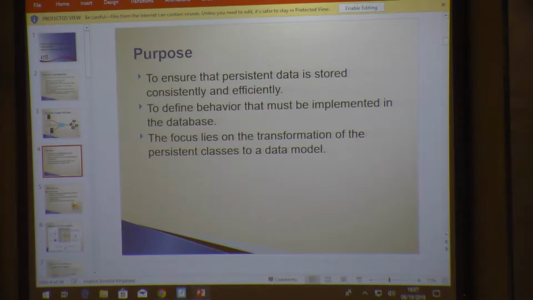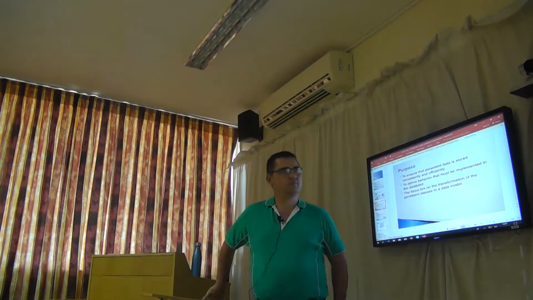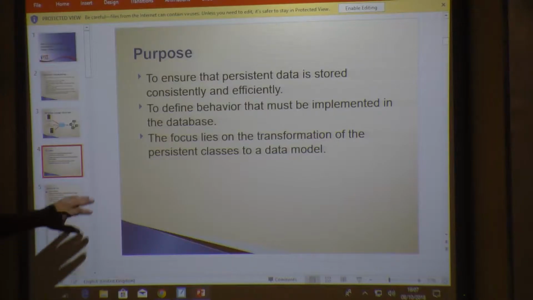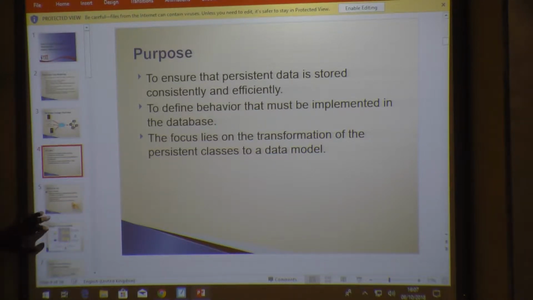So the purpose is to ensure that the persistent data is stored consistently and efficiently, to define the behavior that must be implemented in the database, and the focus lies on the transformation of our persistent classes to a data model. So we're going to look at this transformation also.